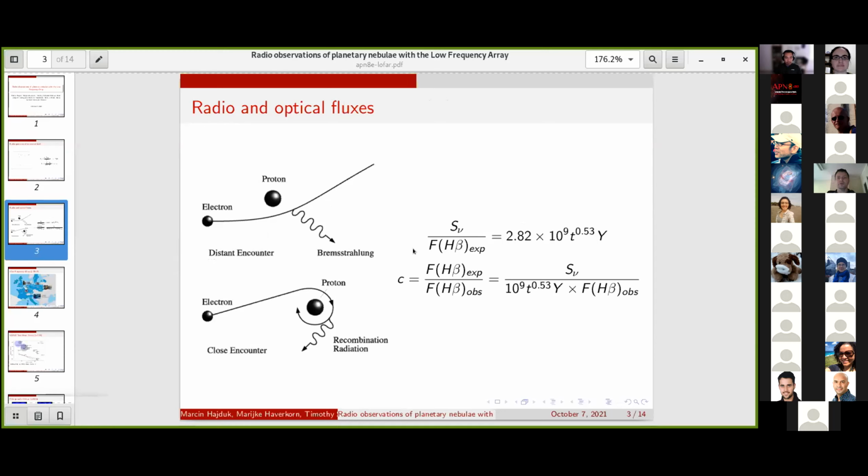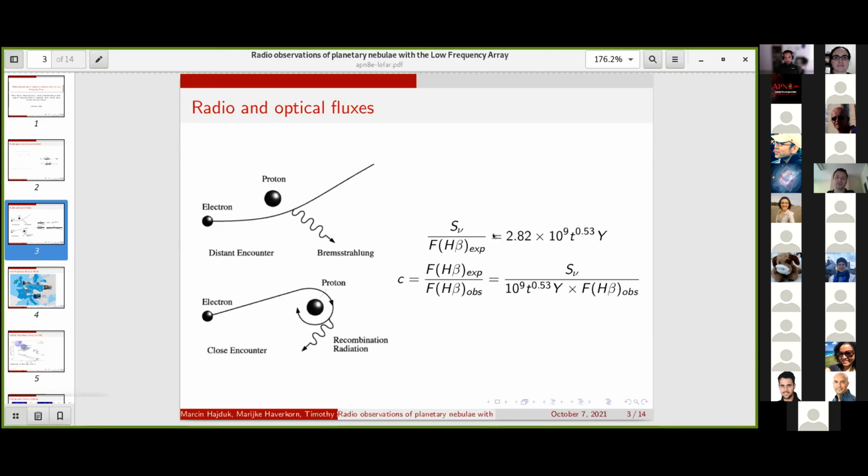And in the optically thin part, radio flux is proportional to H beta flux, because this is a similar mechanism. Just in the case of radio emission, the electron has a distant encounter, and in the case of H beta, it recombines, so it's close enough to the proton to recombine.